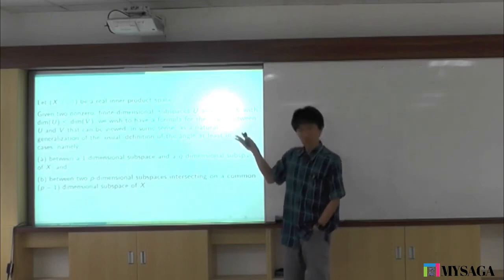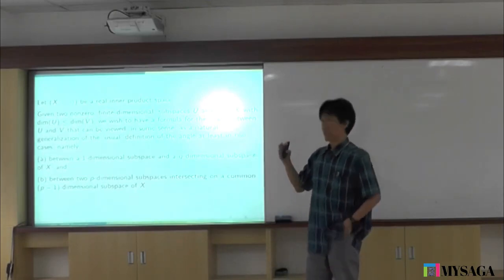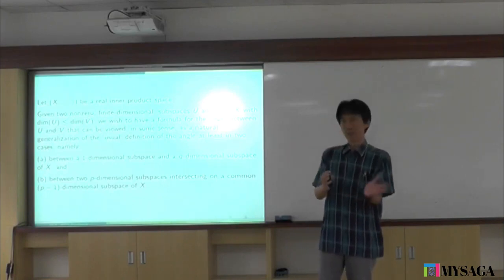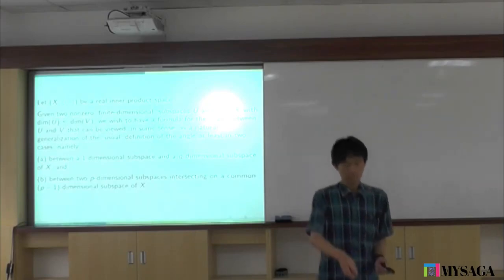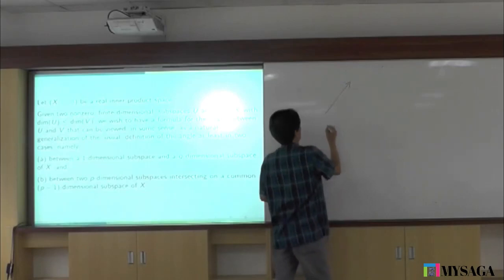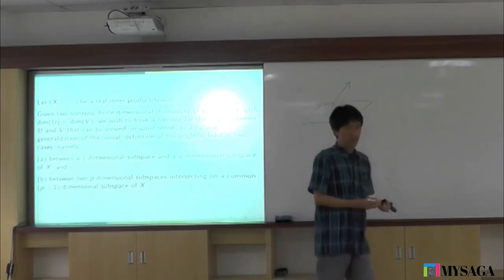We always assume that the dimension of U is less than or equal to the dimension of V, and think of U as for example a line, and V a plane, for example, in R^3.